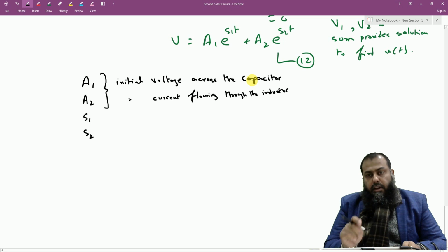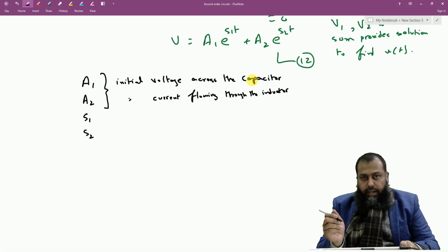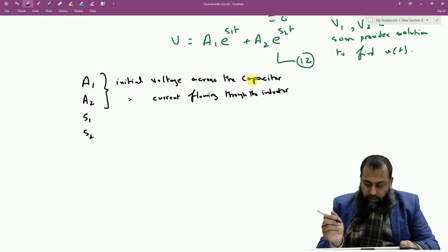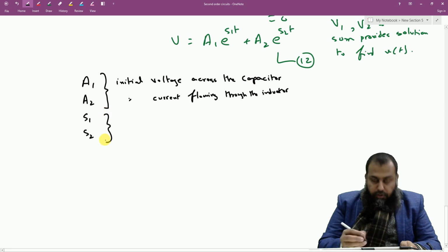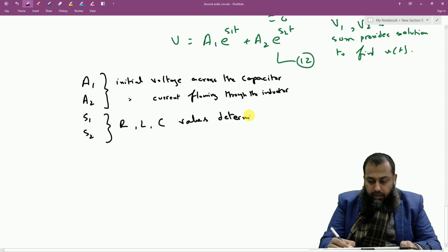And here comes the necessary knowledge that is required to undertake the second order circuits. So about this s1 and s2, the values of the components, that is R, L and C values, determine these roots.